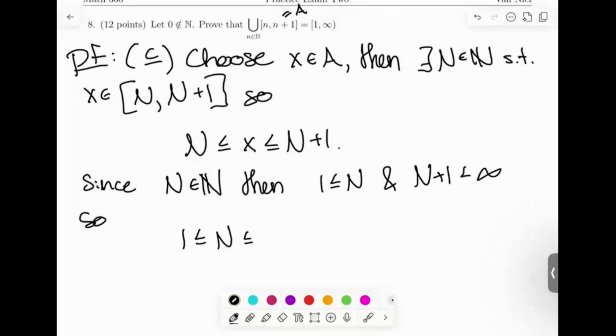Okay, so let me draw attention to the mistake that I made. I had originally said n strictly greater than 1, but that's not true because n could be 1. So it needs to be greater than or equal to 1. Sorry, it's my bad. This is still true. x is less than or equal to n plus 1, which is less than infinity.